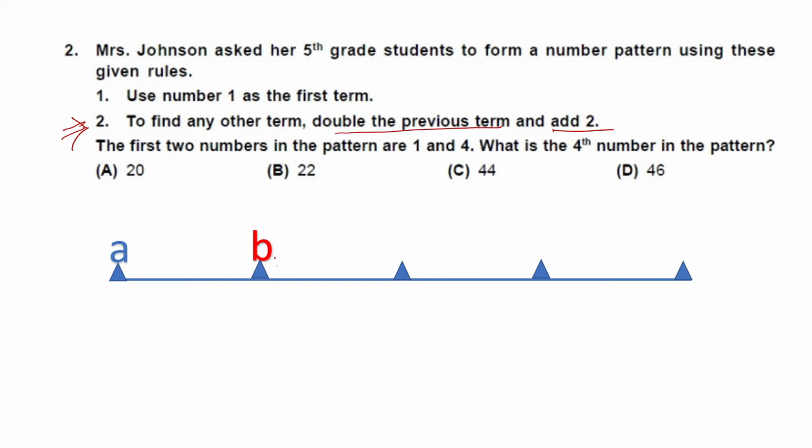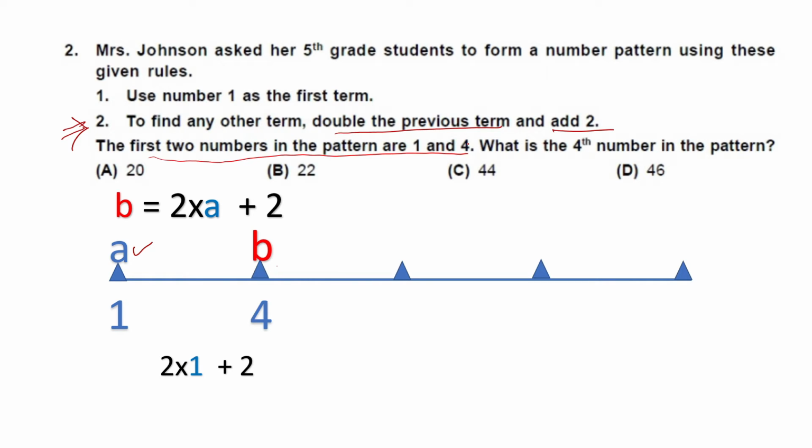That means B should be equal to 2 times A, that is double of A, and then we add 2. Now if A is 1, B will be 2 times 1 plus 2, which is equal to 4, and which holds good in the statement that says that the first 2 numbers in the pattern are 1 and 4.